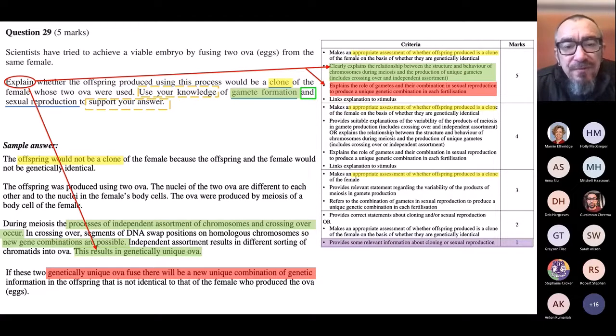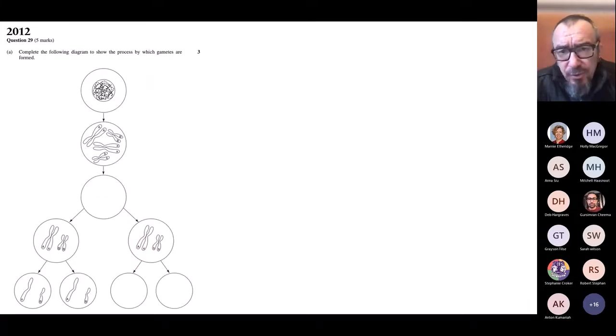Because even for a 3 out of 5, you need an appropriate assessment of whether the offspring produced is a clone. The answer is it's not. And hopefully you understand why. Those 2 eggs have been taken from the same mother? Yes. However, the production of those eggs through meiosis, in terms of crossing over, independent assortment and random segregation, results in genetically unique cells.